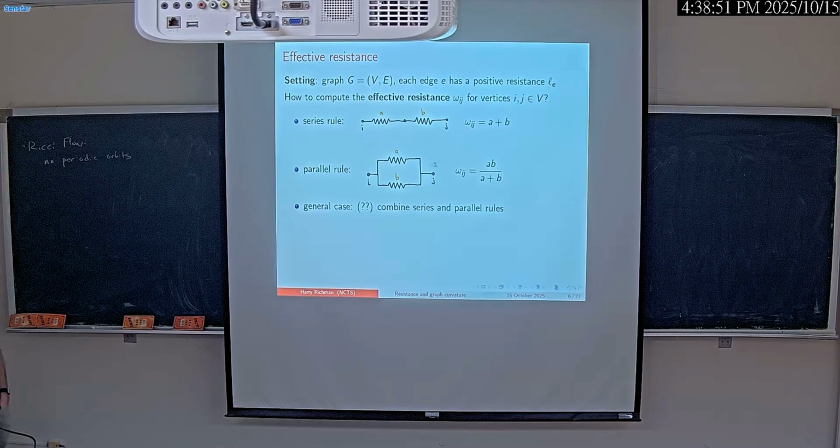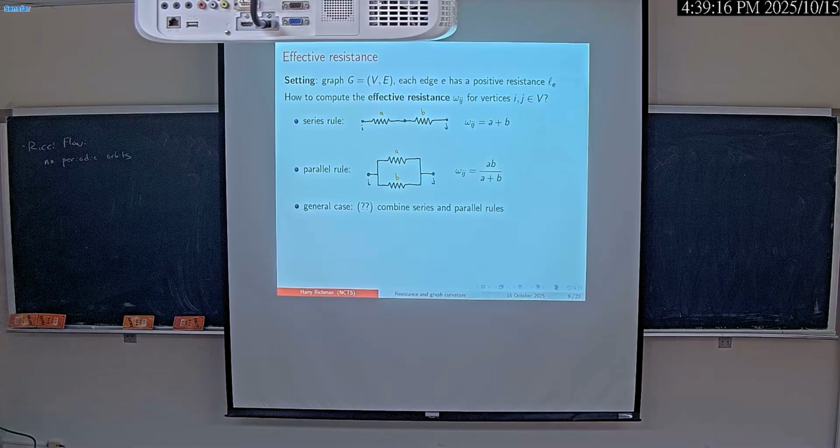And a second way we can combine them is in parallel, like shown in this figure. And in this figure, there's also a straightforward formula for the overall resistance, which looks slightly stranger, but another way to express this is you take the reciprocals of A and B and you add them together, and then you take the reciprocal of that.